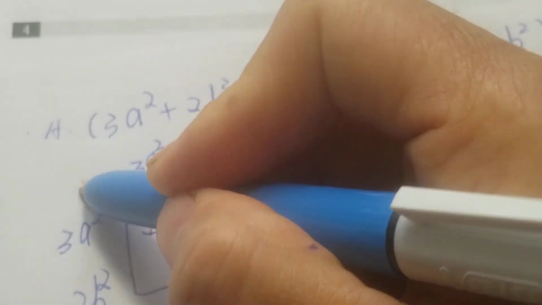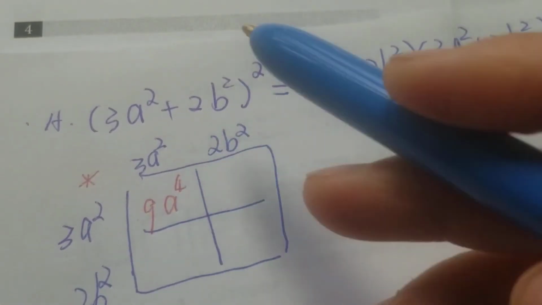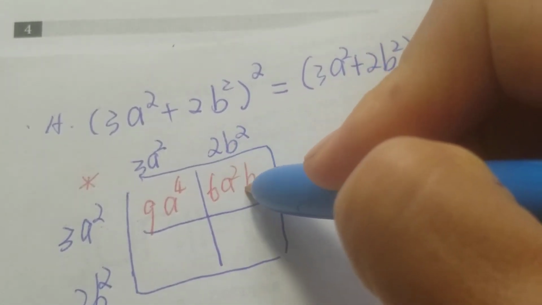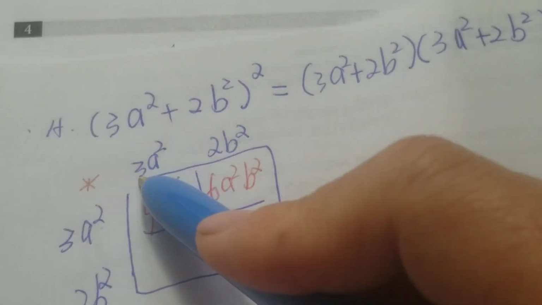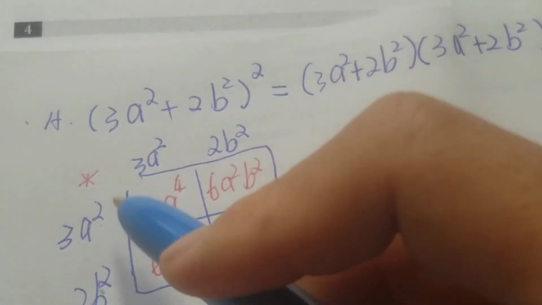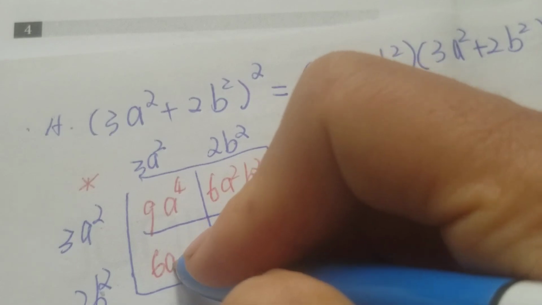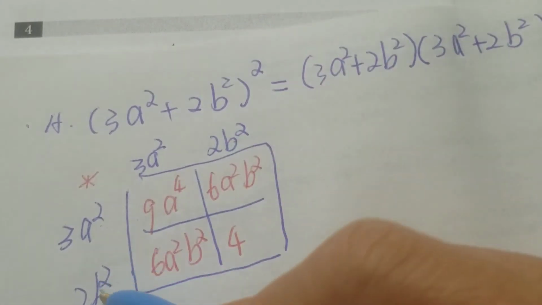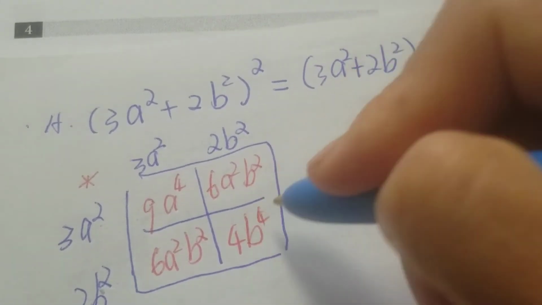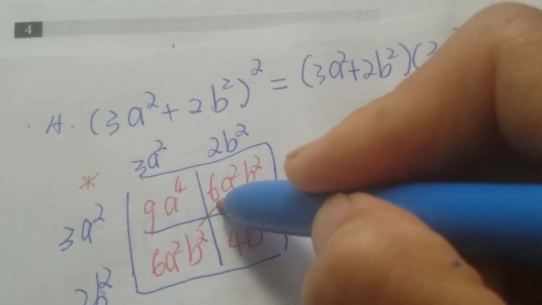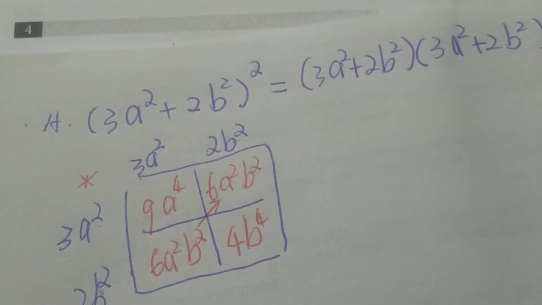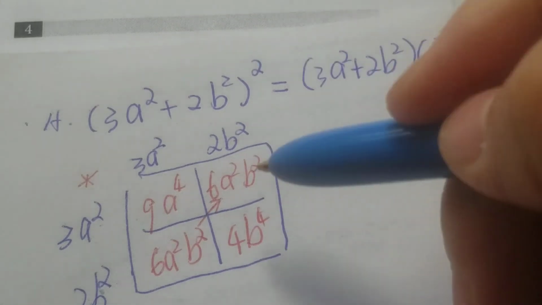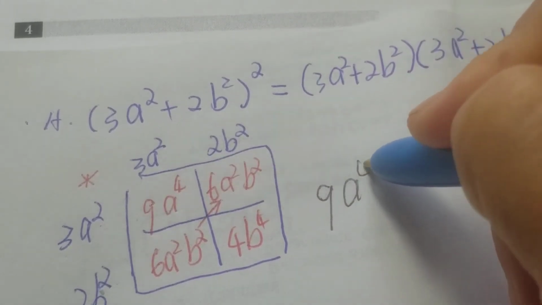And we're going to multiply every single term together. 3 times 2, which is 6. And a squared b squared, drag it down here. 3 times 2, which is 6. And a squared b squared, we're going to drag it down. 2 times 2, which is 4. B squared times b squared is b to the power of 4. Now, as we mentioned before, the diagonal is the like term, where you can combine them. So the final answer is going to be 9a to the power of 4.